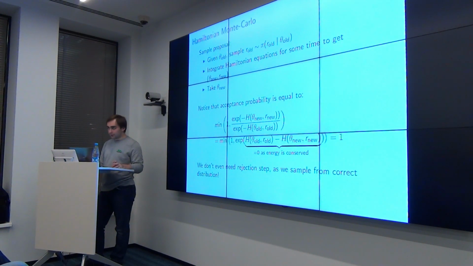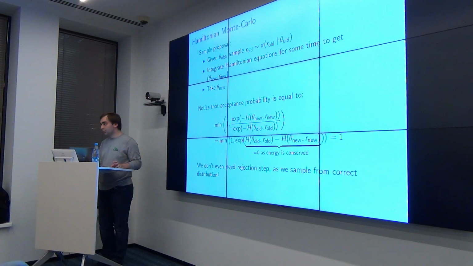So, how to propose samples. We have some theta 0, maybe it's the initial point of our Markov chain, and we sample some r from the conditional distribution. Is it true that according to your choice of conditional distribution, r 0 doesn't really depend on theta 0?